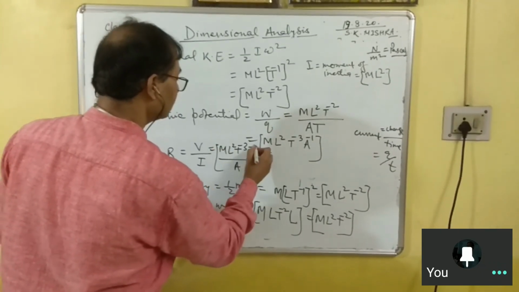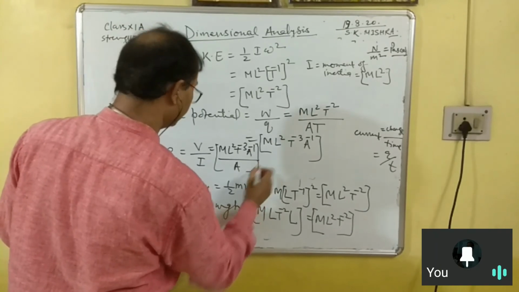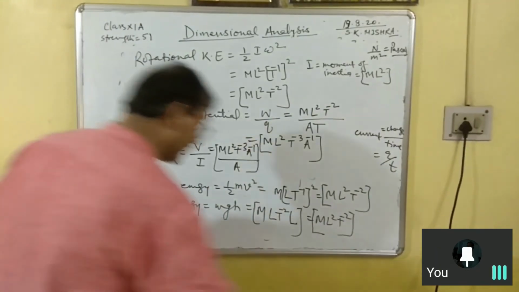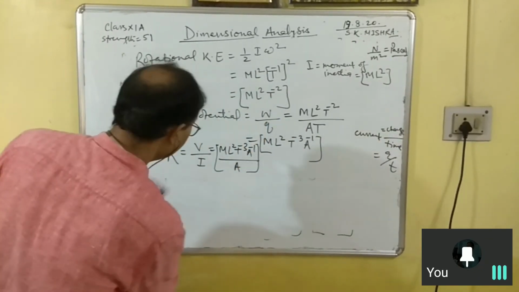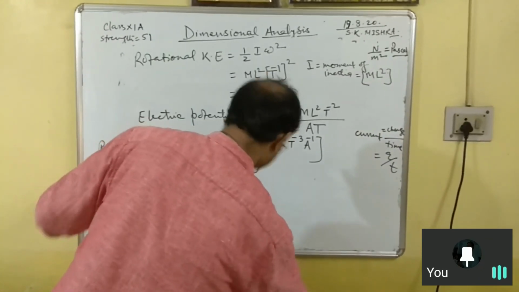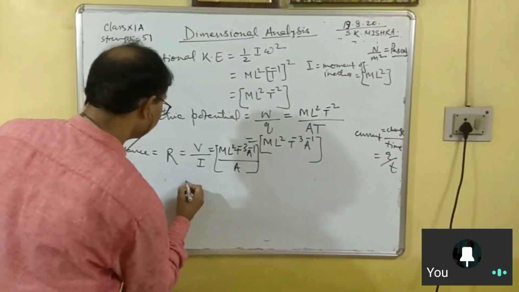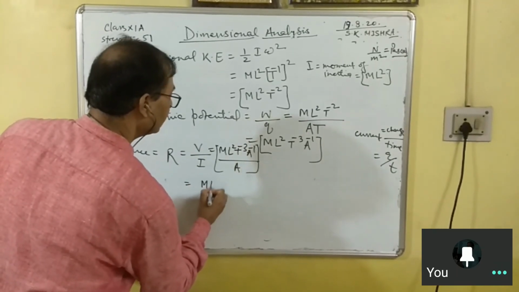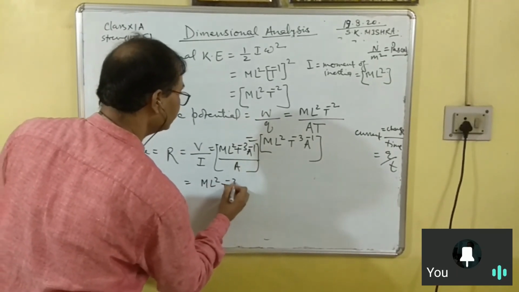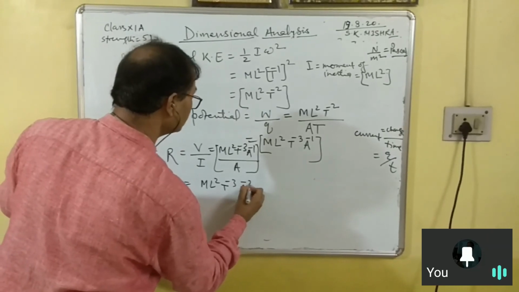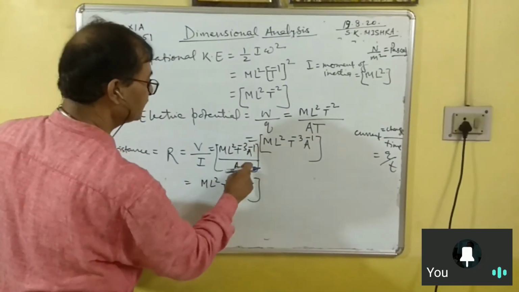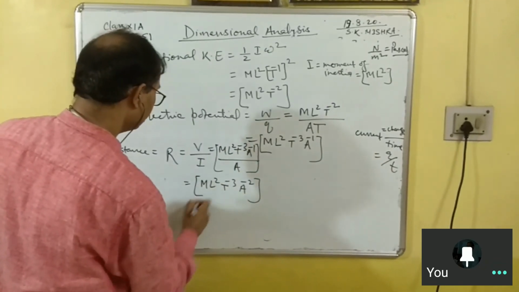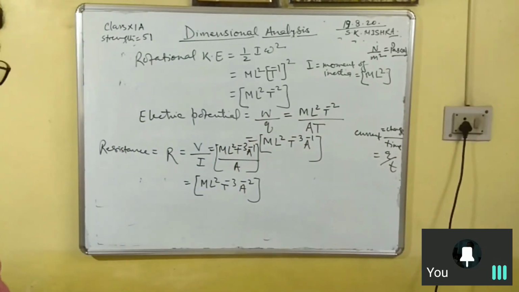Now you are in a position to write the dimension of R. The dimension of resistance is equal to ML²T⁻³ and then A raised to minus 2. Yeah, minus 1, minus is already there, so it is minus 2. So this is the dimension of resistance.